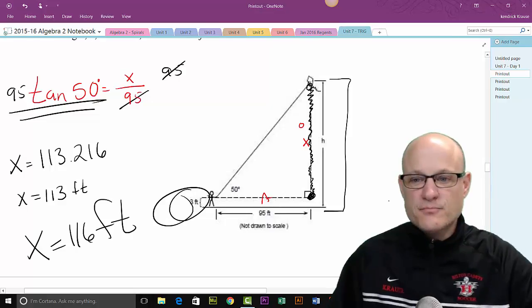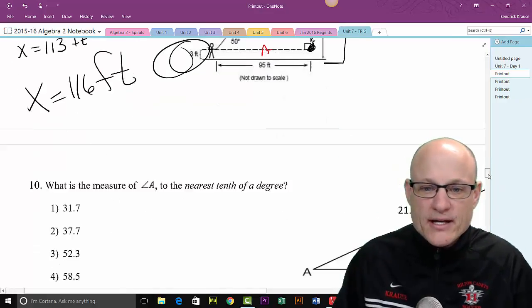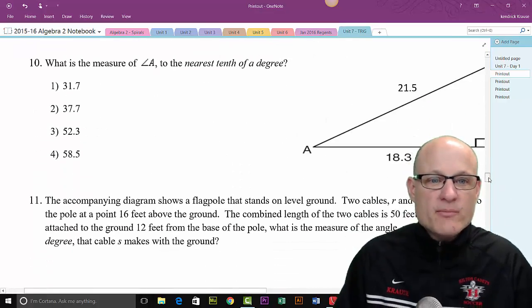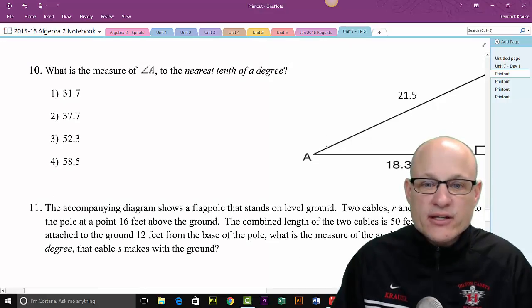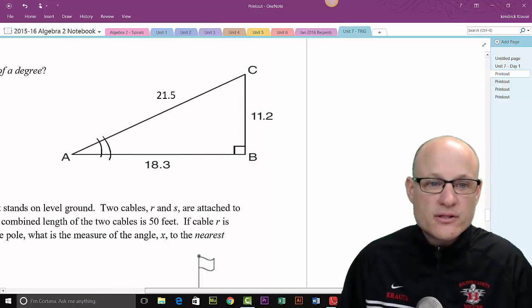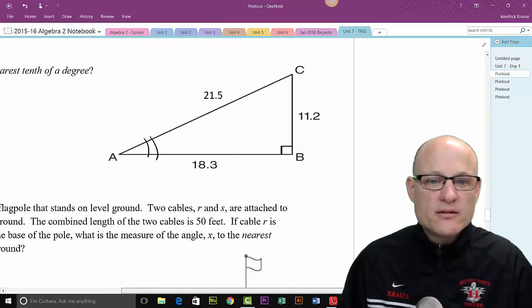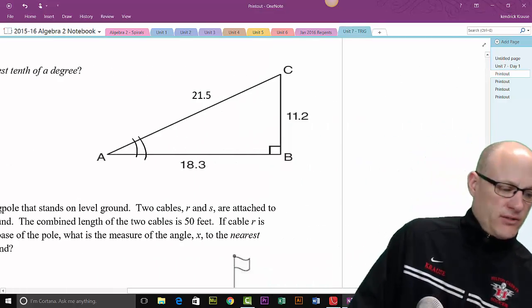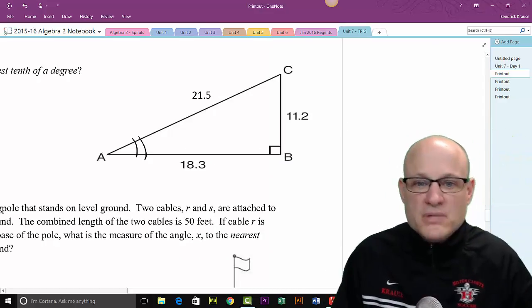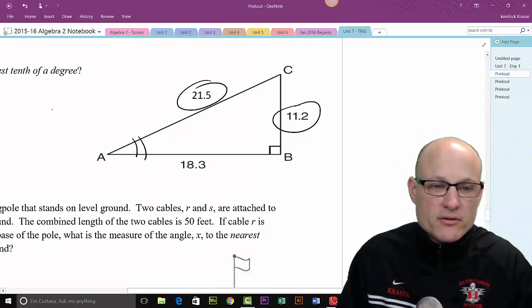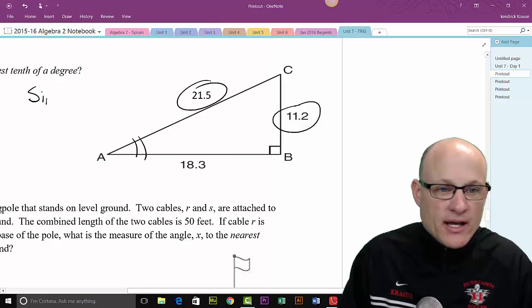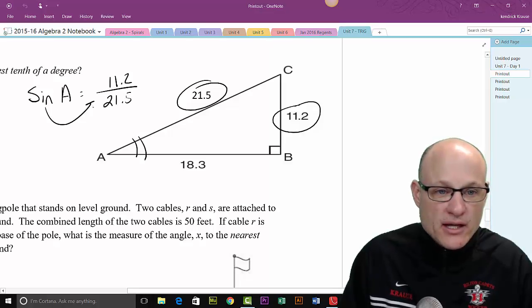Moving on down. What is the measure of angle A to the nearest tenth of a degree? We're going to find angle A over here. We can use anything. Let's use opposite and hypotenuse, so that would be sine. Sine of A is equal to opposite, 11.2, over hypotenuse, 21.5.